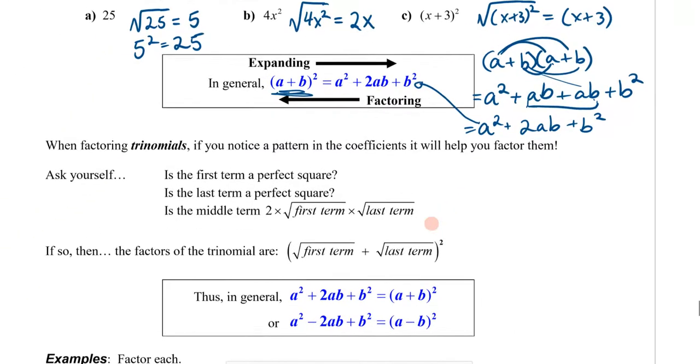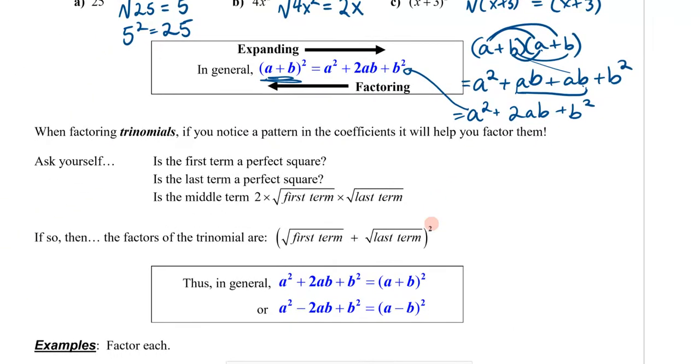So when factoring trinomials, if you notice a pattern in the coefficients, it will help you factor them. You have to ask yourself, is the first term a perfect square? Is the last term a perfect square? And is the middle term 2 times the first term and the last term?